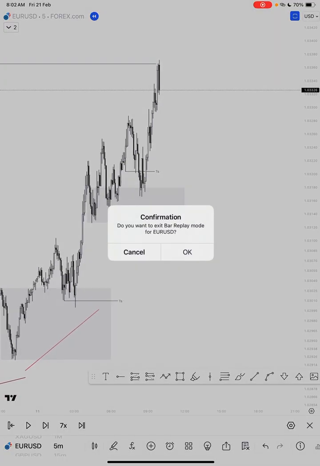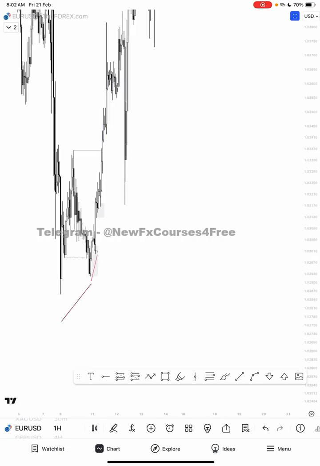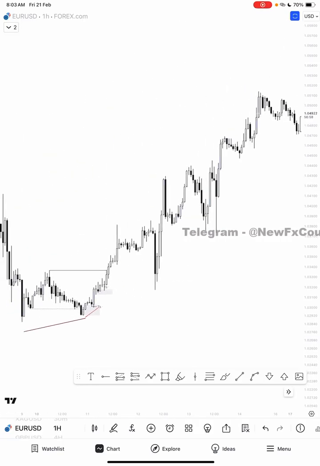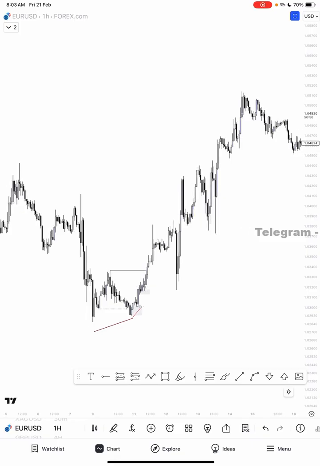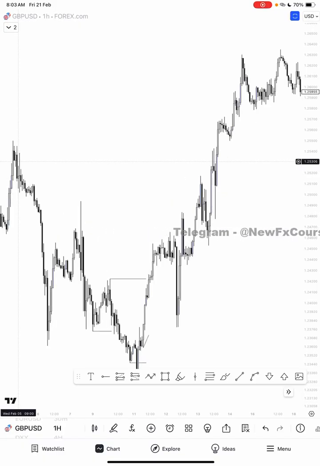So let's actually just fast forward to our current week price action. This was last week's price action, last 2 weeks actually. Then before our final target was actually met here, called live on the Telegram group, and also final target here.